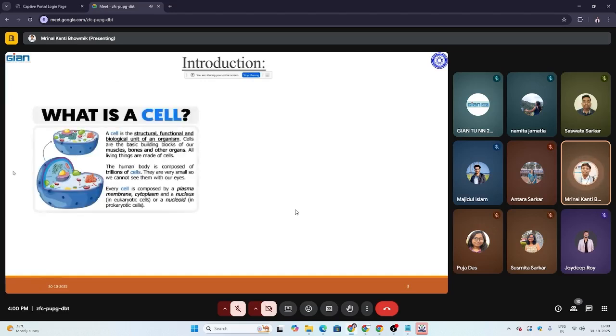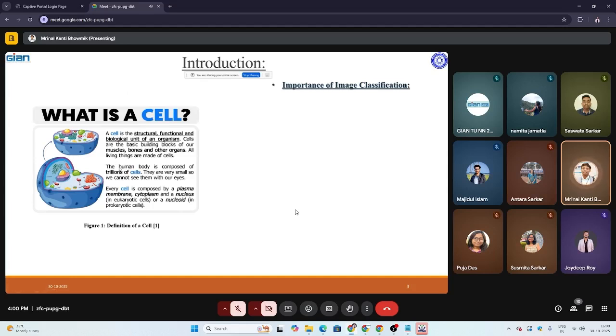This is my introduction: what is a cell? As you already know, a cell is the basic unit of life. A cell is the structural, functional and biological unit of an organism. Cells are the basic building blocks, and human bodies are composed of cells, as Professor Niharika Nath Madam already explained, and you all know about that.